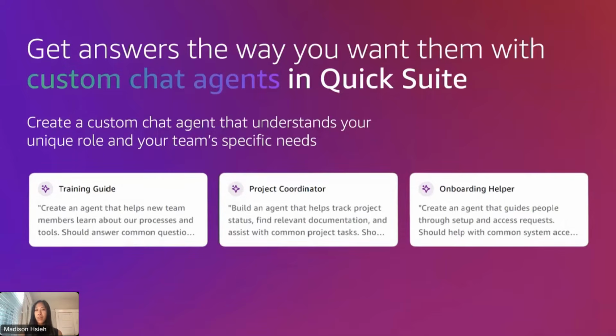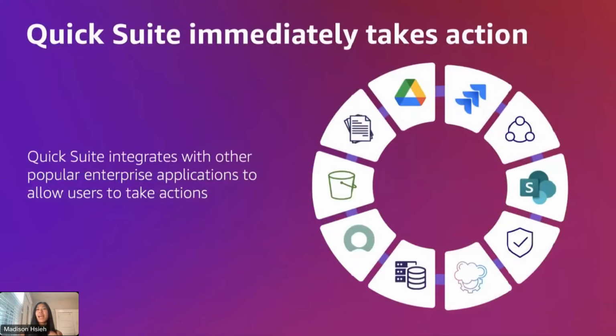So the first one that I want to touch on is going to be actions, which I kind of mentioned a bit earlier. But what you can do with actions is take your third-party application software and be able to connect it to your Quick Suite account to be able to take actions in all one unified place. So Quick Suite integrates with a ton of applications, some of which are seen here.